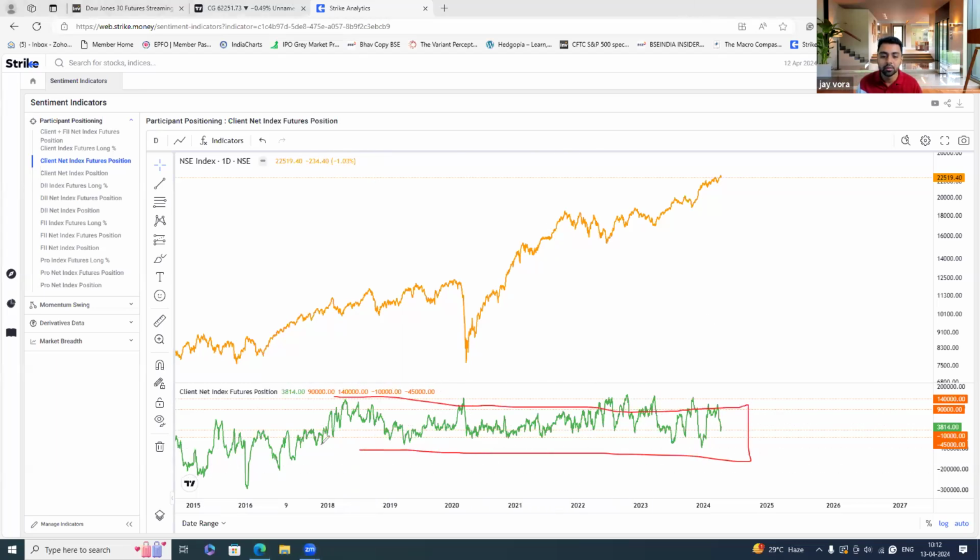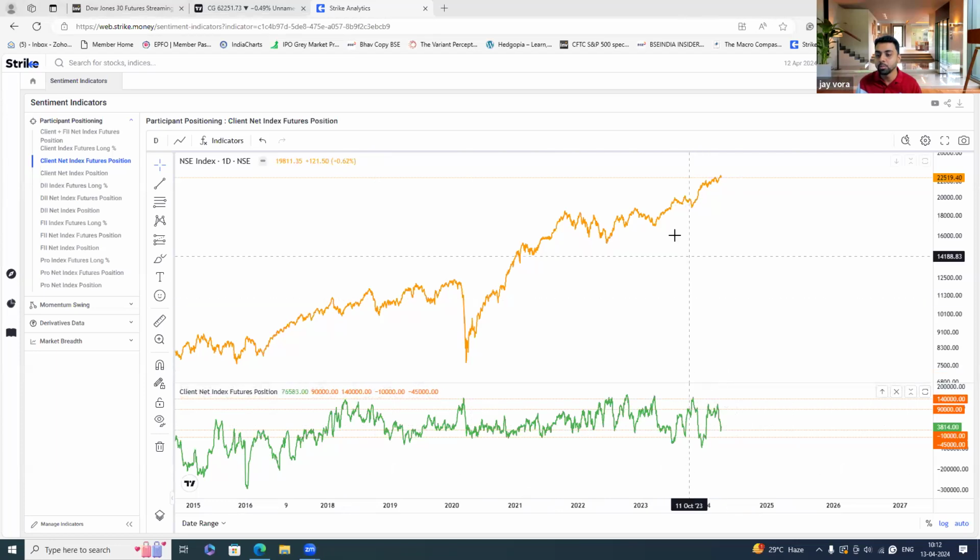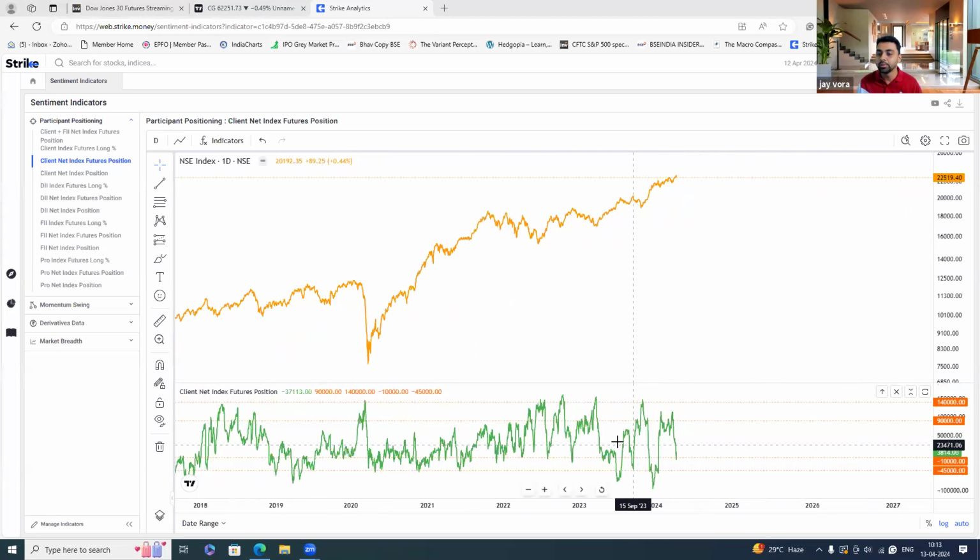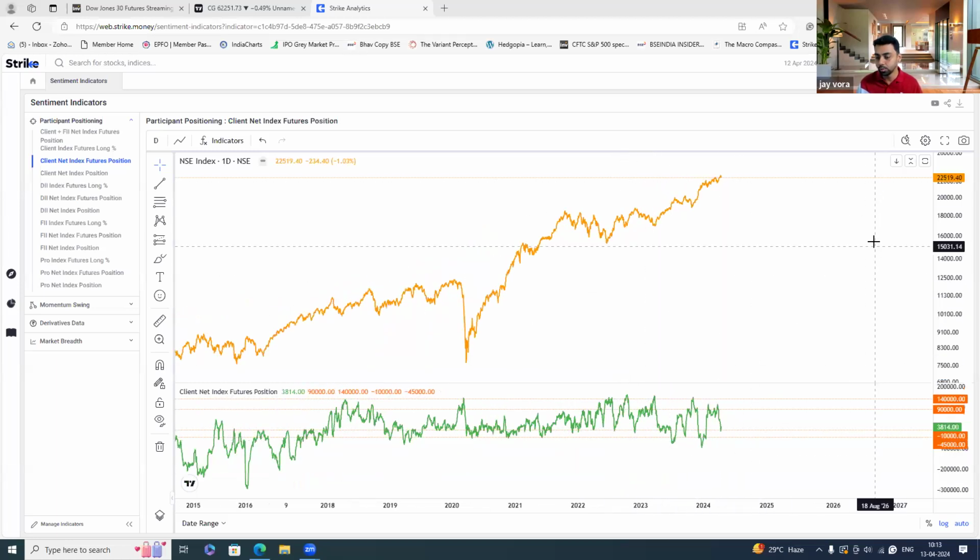Whenever they are net long by somewhere around 90,000 contracts or 1,40,000 contracts, that's where the market sort of bottoms out. And whenever their positioning is somewhere around minus 10,000 to minus 45,000 contracts, there is a very high probability that the market would peak sooner or later.